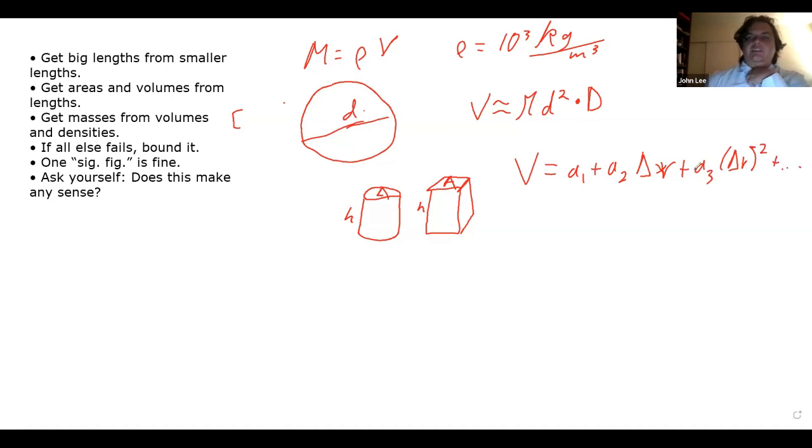So if delta R is really small, then the higher orders that you get are going to disappear. So you only have to worry about this term. So it's just a math thing. That's the actual explanation for why you're able to do this, but this is a good enough explanation. So I would just worry about this explanation and not the Taylor series explanation.